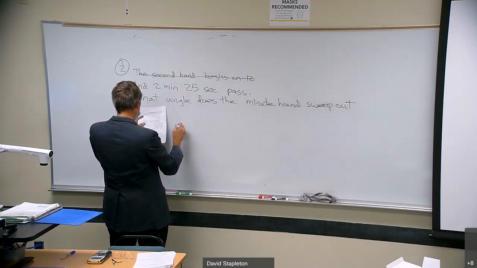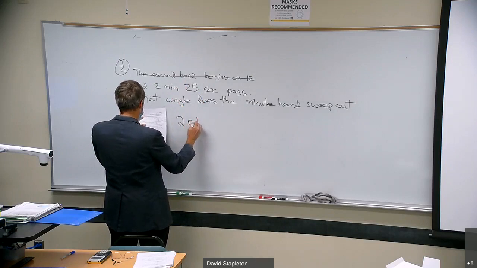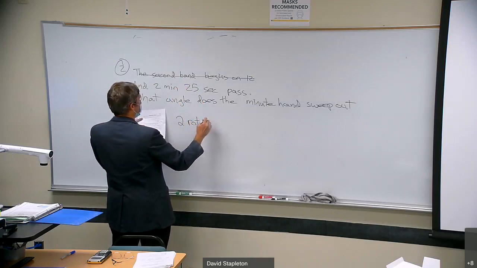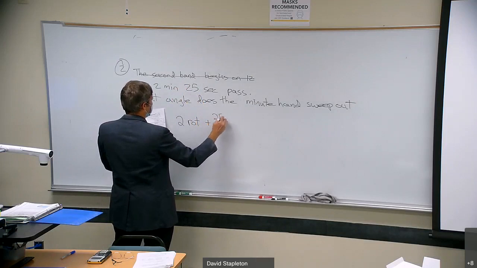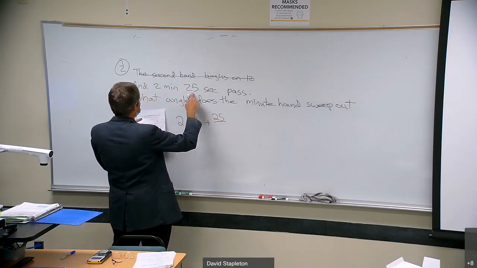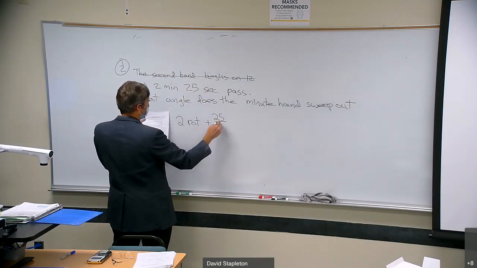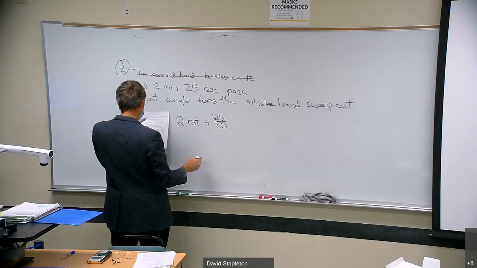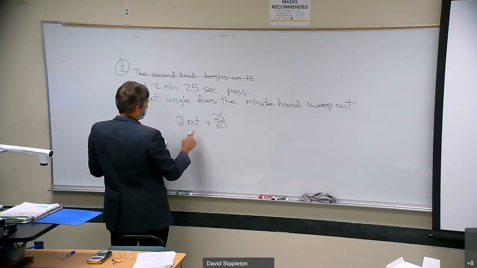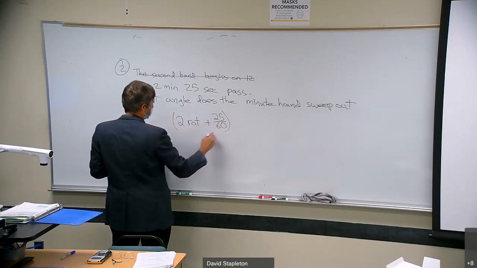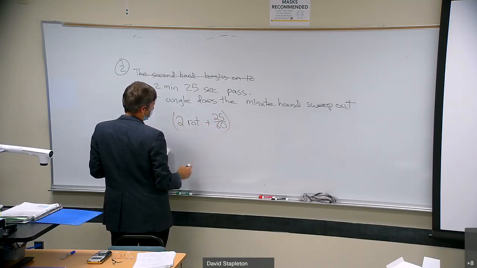So what I had here was 2 rotations plus 25/60ths of a rotation, right? There's 60 seconds in a minute, if I was doing the minute hand. 2 rotations plus 25/60ths rotation was how far the second hand went.